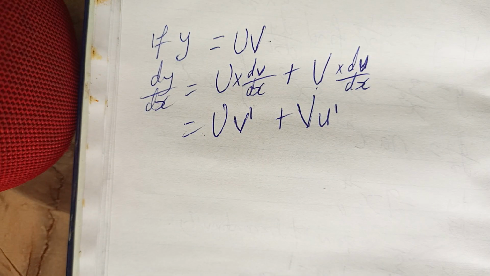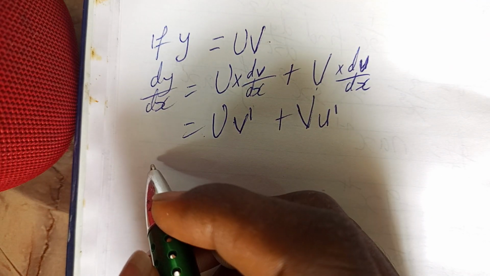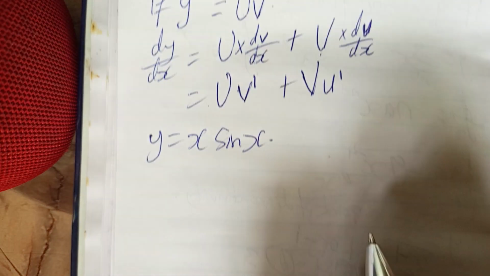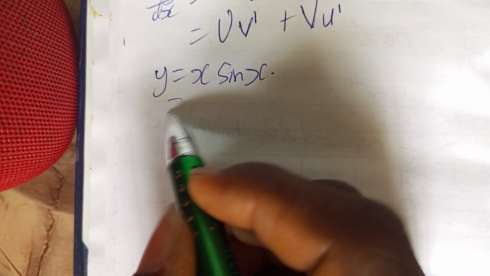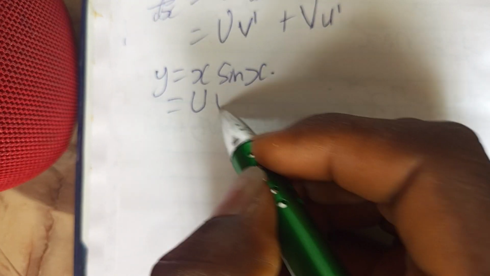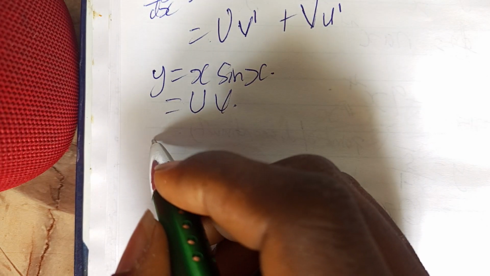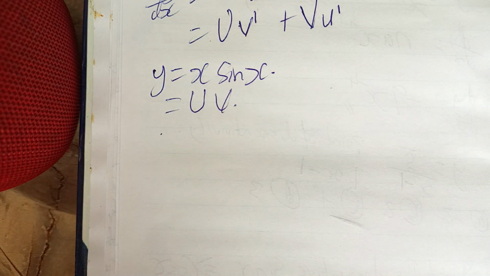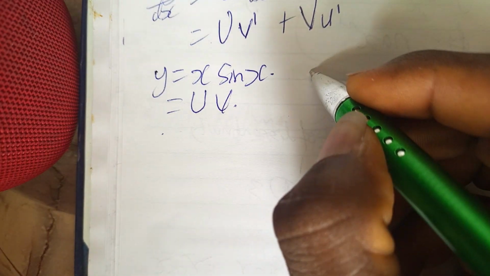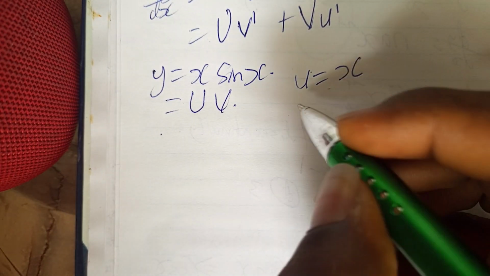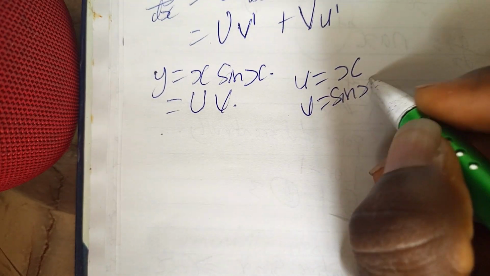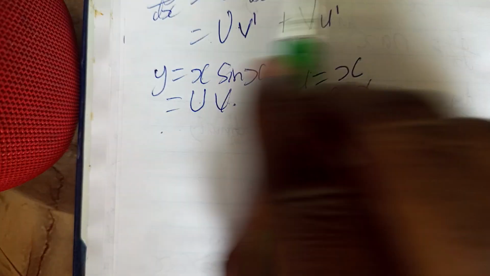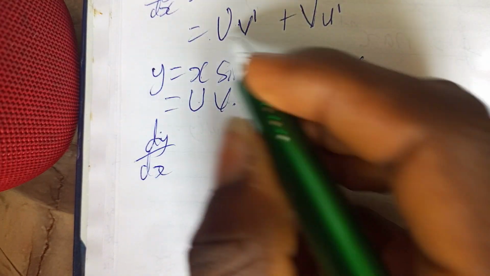So how do you do this? Let's use the question that was given to us: y is equal to x sine x. I'm going to give these values variables. Let's say x is u and sine x is v. So u is equal to x, v is equal to sine x, and we are trying to get dy/dx.